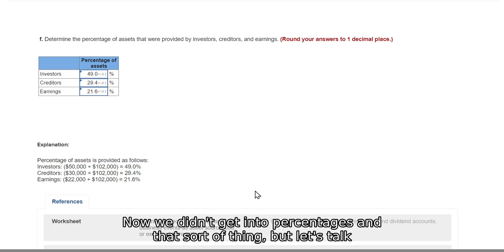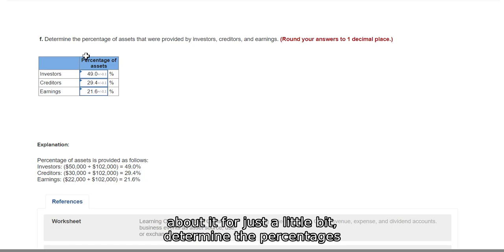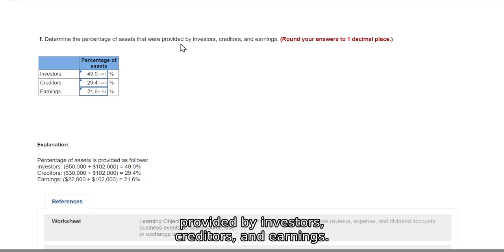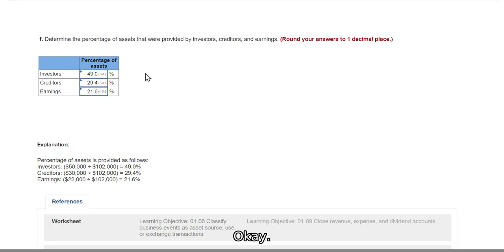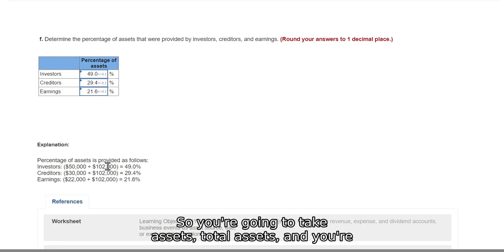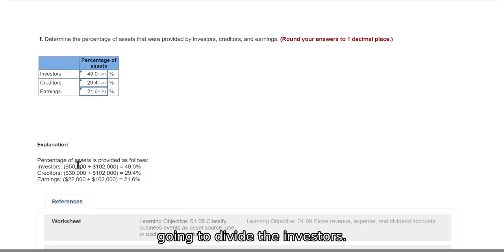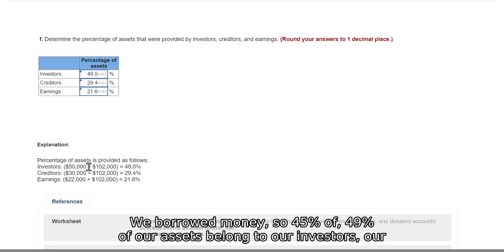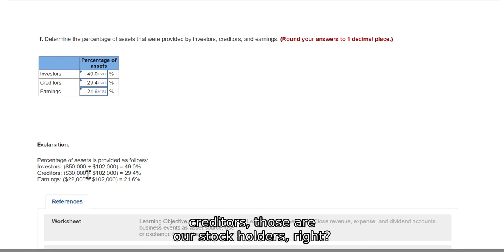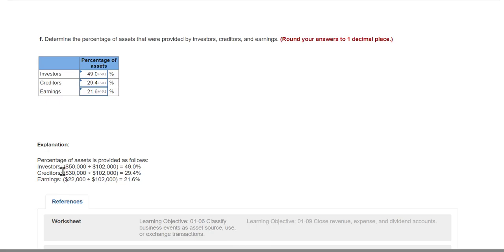All right, now we didn't get into percentages and that sort of thing, but let's talk about it for just a little bit. Determine the percentages of assets that were provided by investors, creditors, and earnings. So you're going to take total assets and divide. 30,000 divided by 102,000.